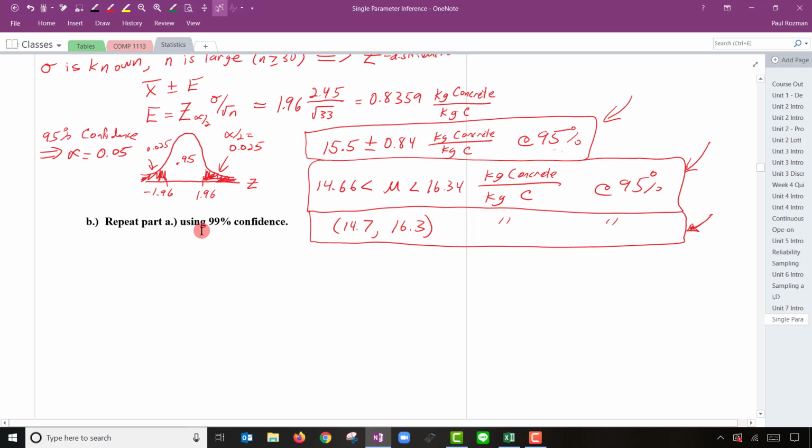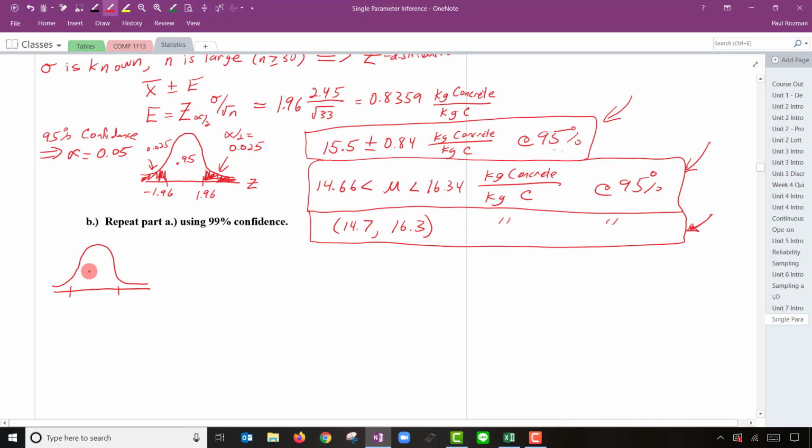If I increase my confidence, what has to happen to this stuff? Let's repeat this question and be more confident. If we do that, the only thing that's going to change will be the z-score. Sigma is still the same, n is still 33.